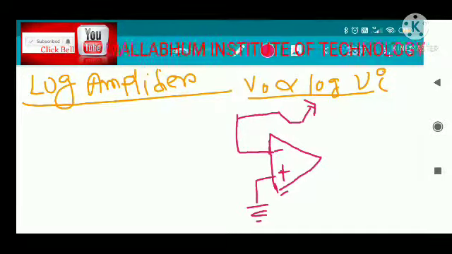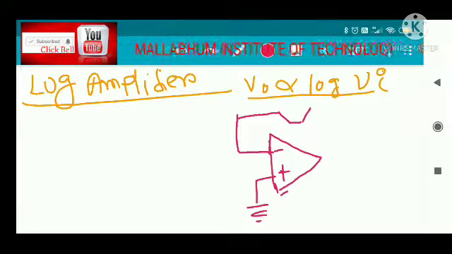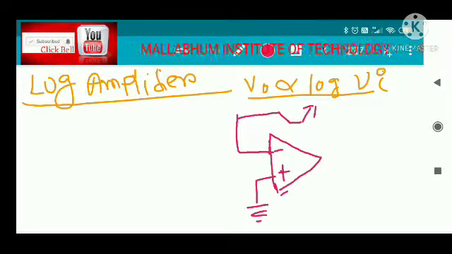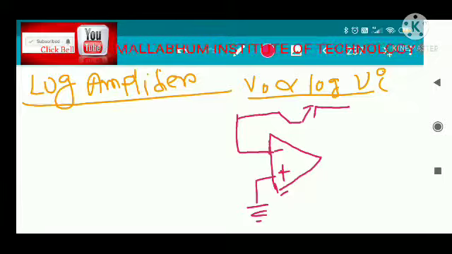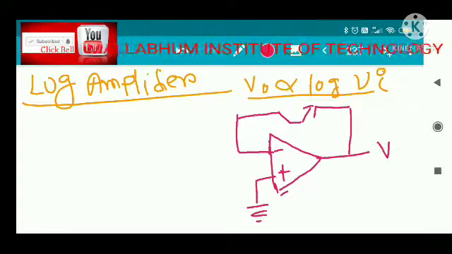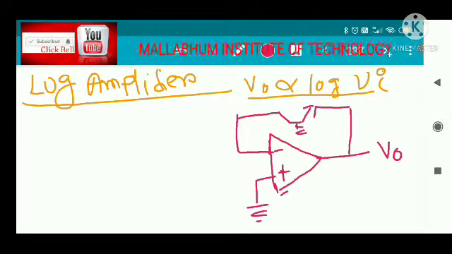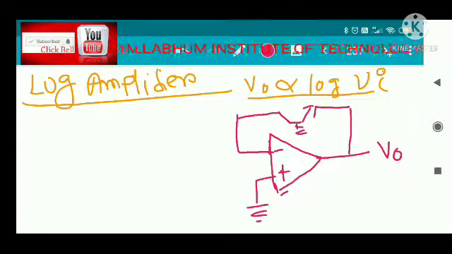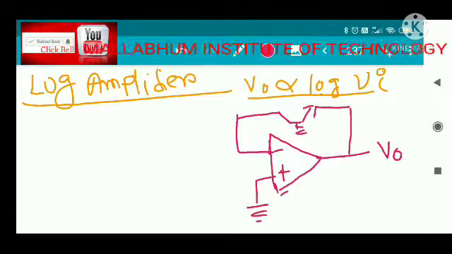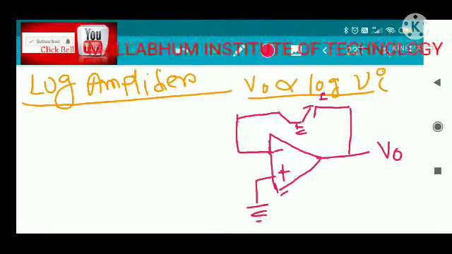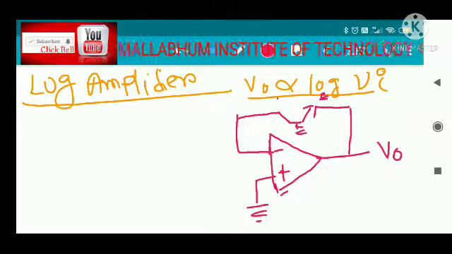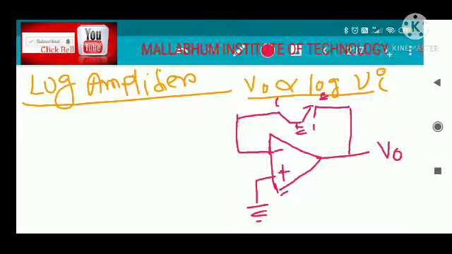So this is your emitter terminal, and this is your output voltage. So your transistor will be connected and your base will be grounded like this. So this is your collector. You can see this terminal is your emitter terminal, this is your collector terminal, and this is your base terminal.